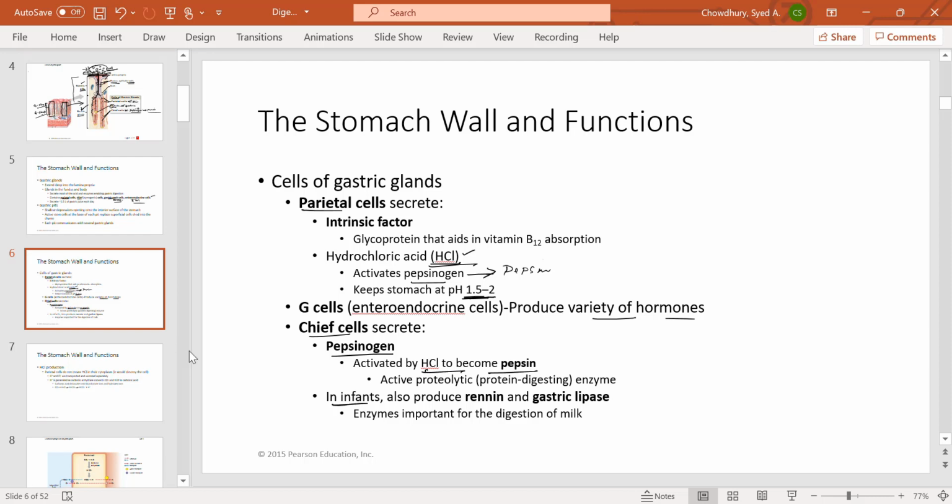In infants, the chief cells also produce renin and gastric lipase, and these two chemicals help to digest the mother's milk, or the milk that the infant gets from outside. So that's why in infants these two secretions are very important.